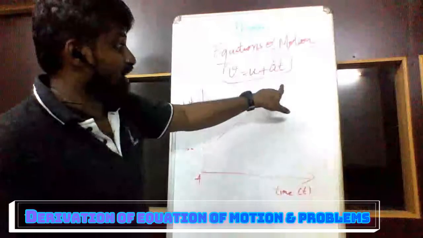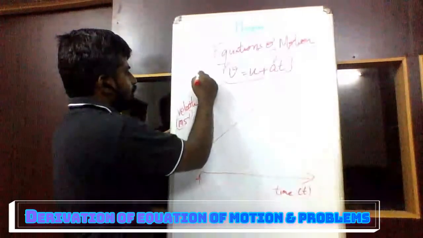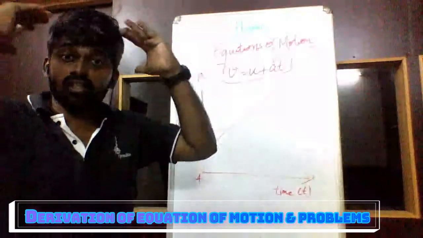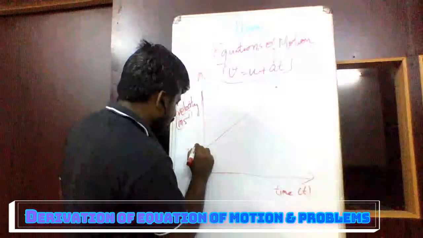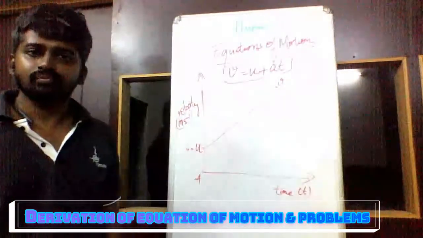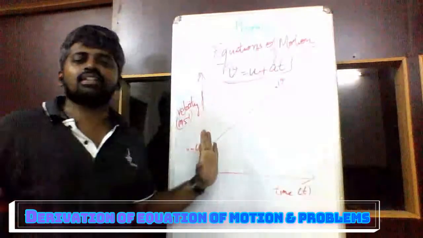Okay, this is the final velocity. Maybe on the y-axis you may call this 70 meter per second. He has reached that point. This is the initial velocity u, this is the final velocity v. He has accelerated. That's it.